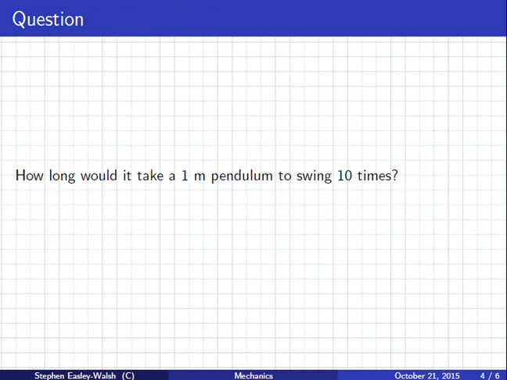So actually, the example I did wasn't 1 meter, it was 0.71. So let's just do one more example. Can you calculate how long it would take for 1 meter?